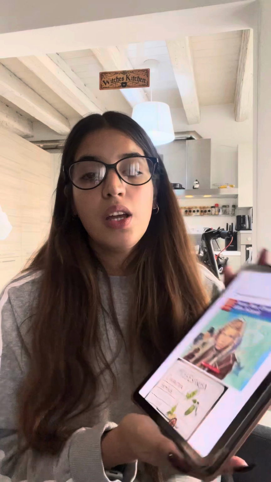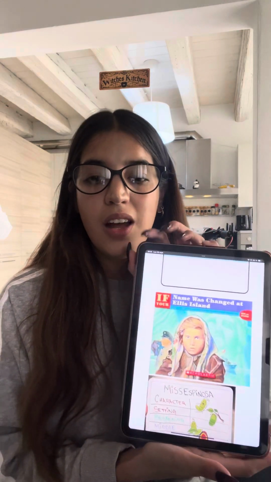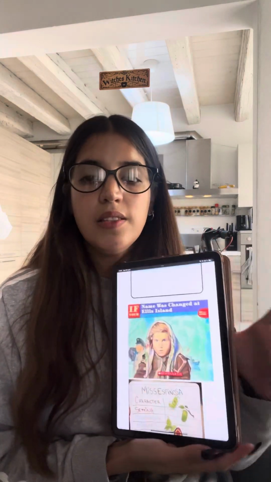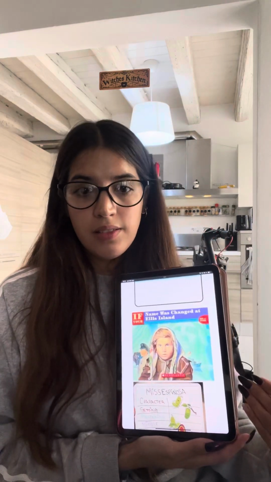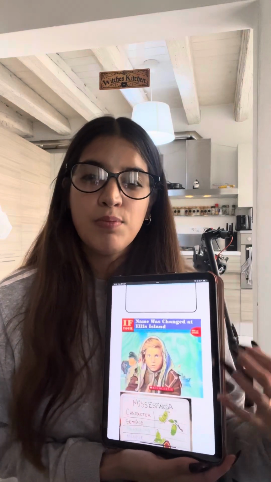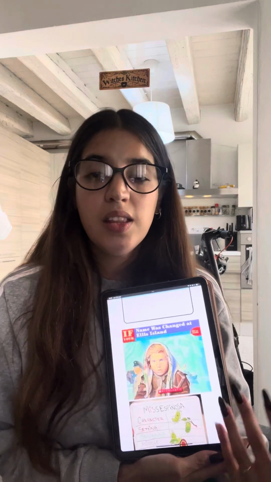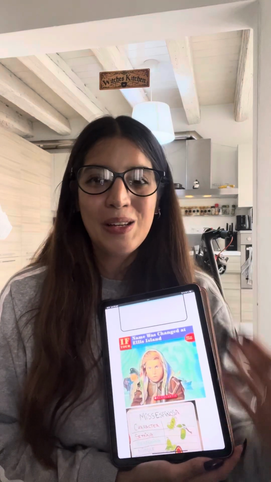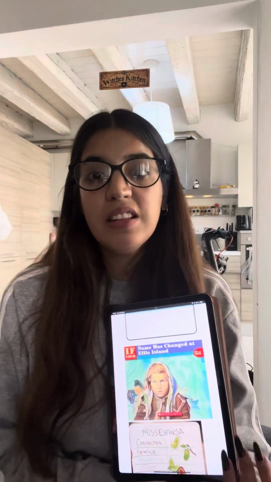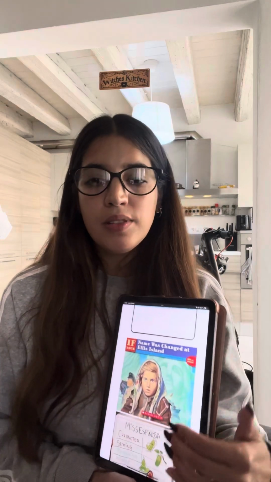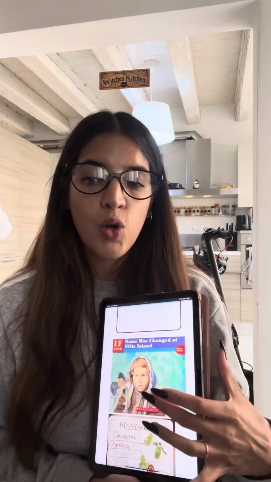Then for my elementary grades, I choose If Your Name Was Changed at Ellis Island. This is a non-fictional text that explains the experiences of immigrants arriving in the United States in the early 1900s. At this level, the story maps are a little more complex.